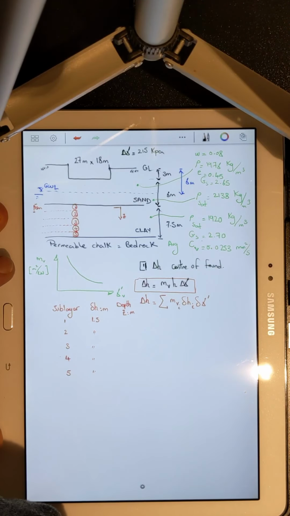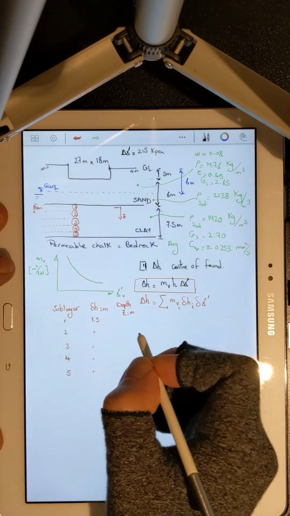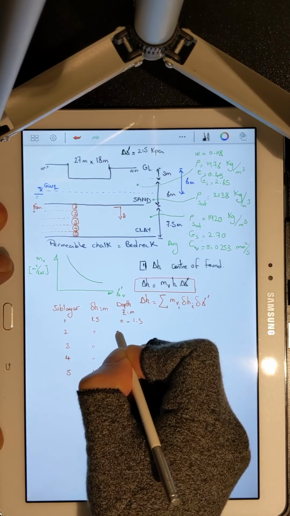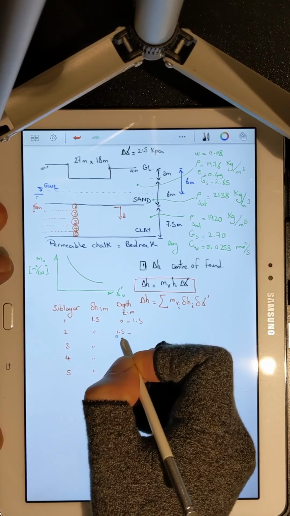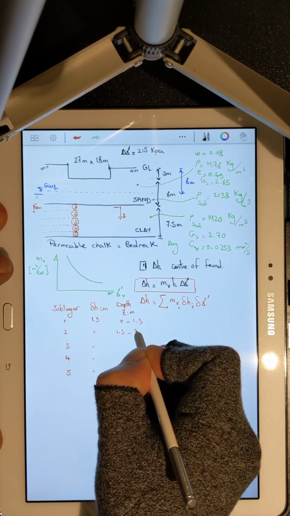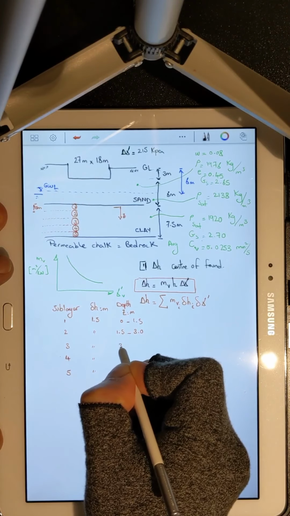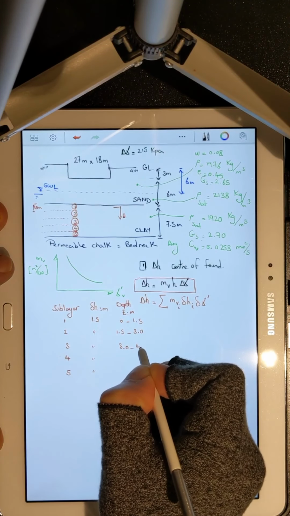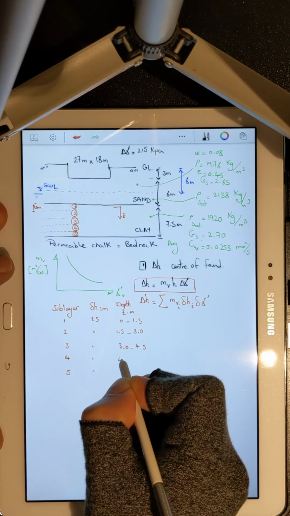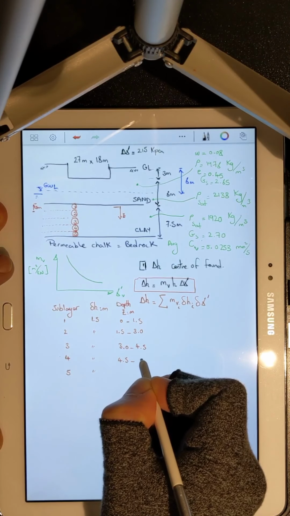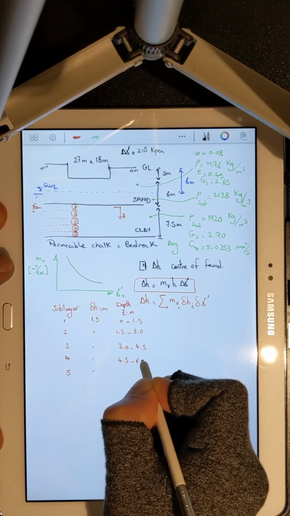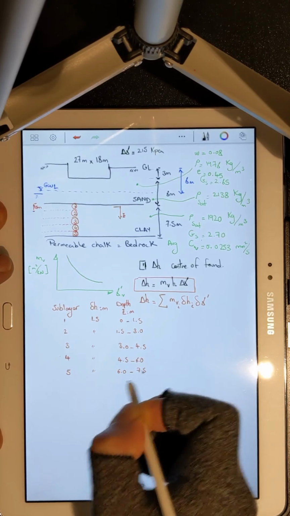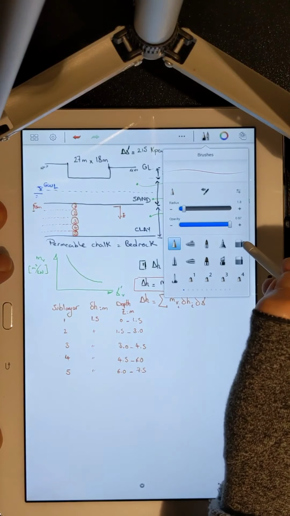Z is, well, 0 to 1.5, then 1.5 to 3, 3 to 4.5, 4.5 to 6, and 6 to 7.5, the bottom of the soil profile.